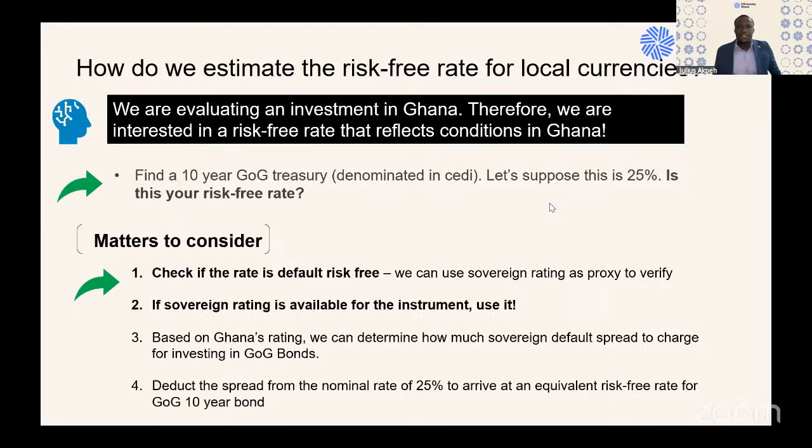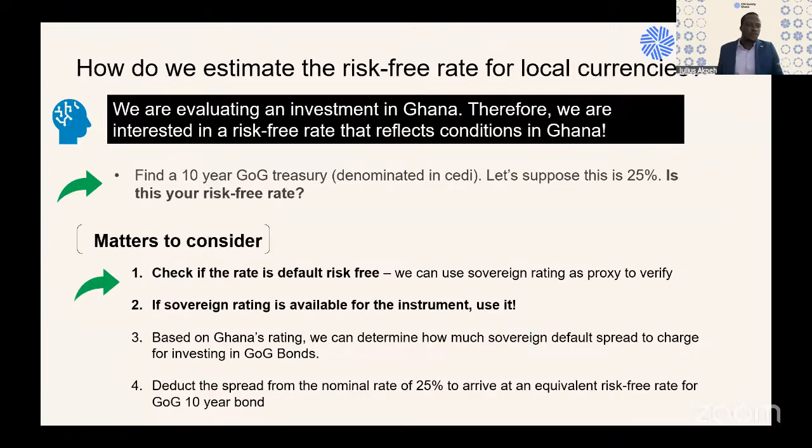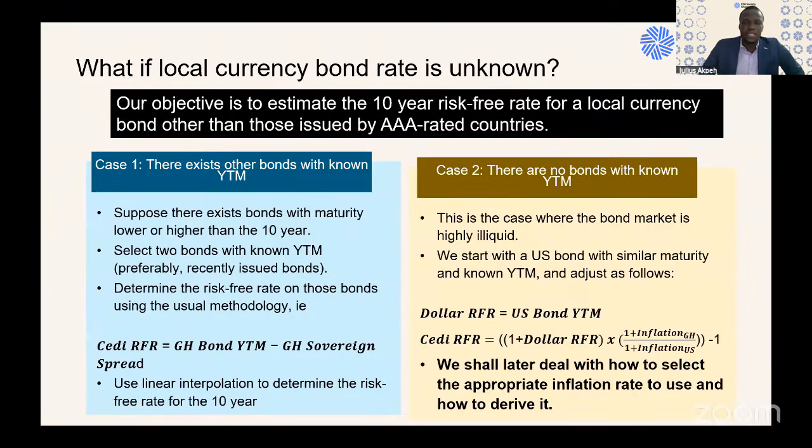Now let's get into the argument. So what are we saying? What if the local currency bond rate is unknown? What do we do? Now let's come back to our objective. Our objective is to estimate the 10-year risk-free rate for a local currency bond other than those issued by AAA rated countries.